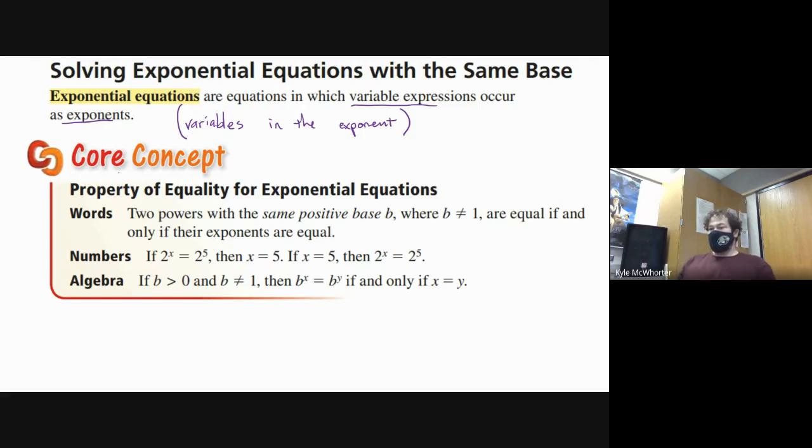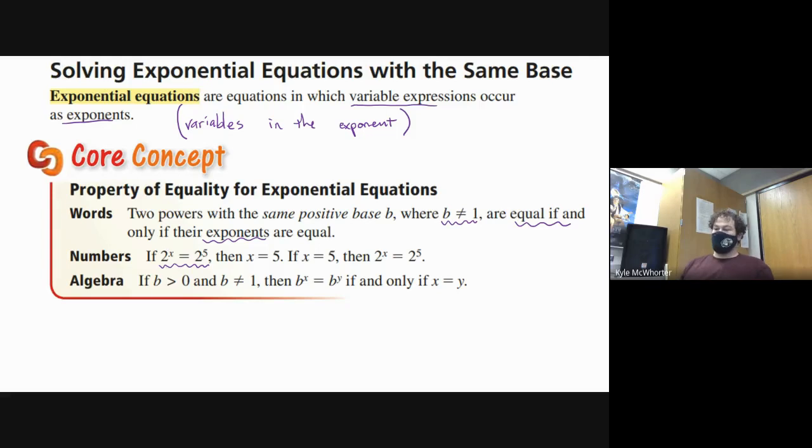And then the core concept is the property of equality for exponential equations. 2 powers with the same positive base, where the base is not equal to 1, are equal if and only if their exponents are equal. In numbers, you would write that like this: if 2 to the x equals 2 to the fifth, then x has to equal 5.